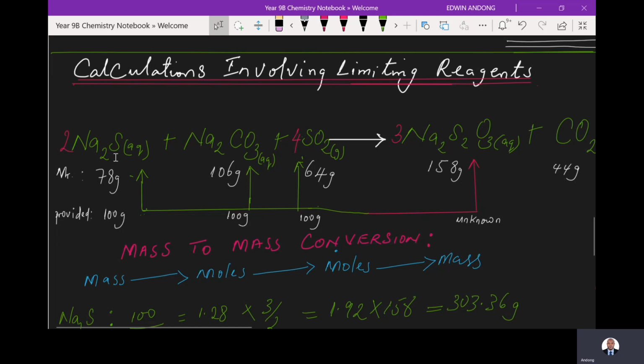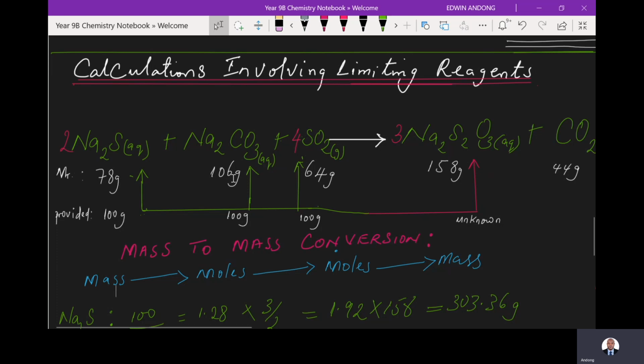If we want to calculate the molar mass of sodium thiosulfate, sodium from the periodic table has the relative atomic mass of 23. And 23 times 2 plus sulfur from the periodic table, which is 32. The MRO will be 78.